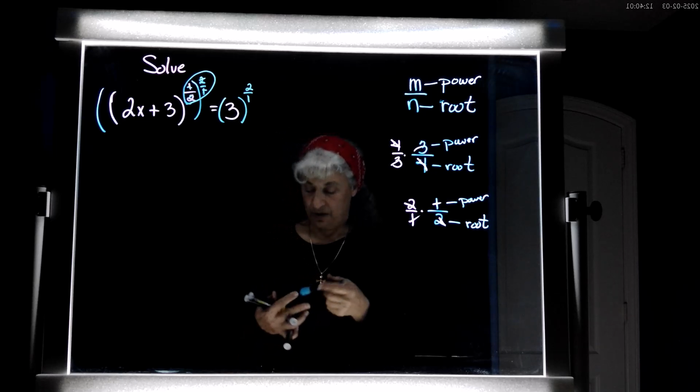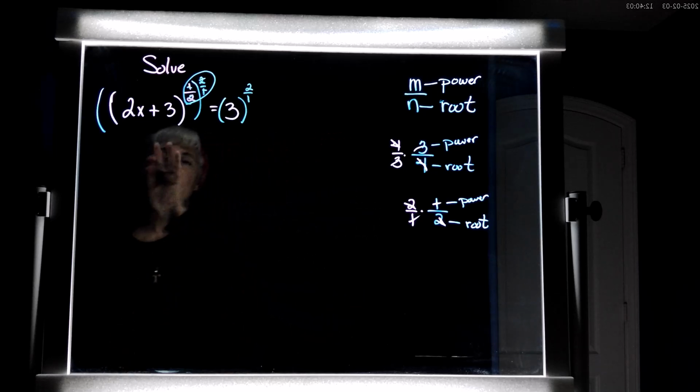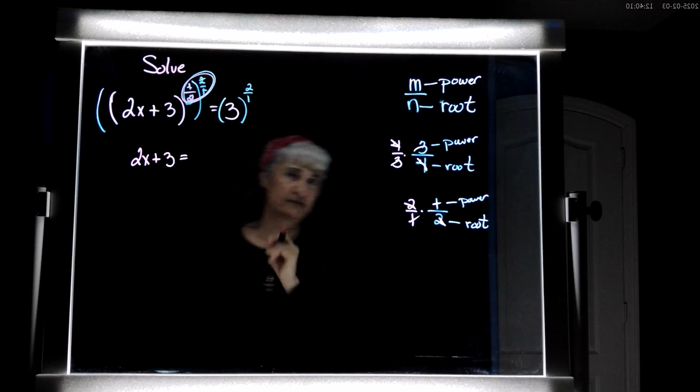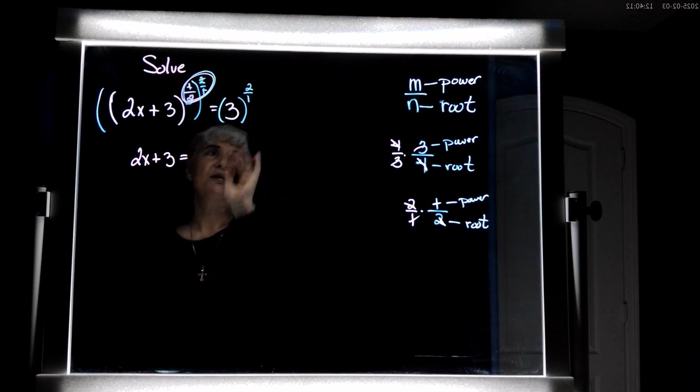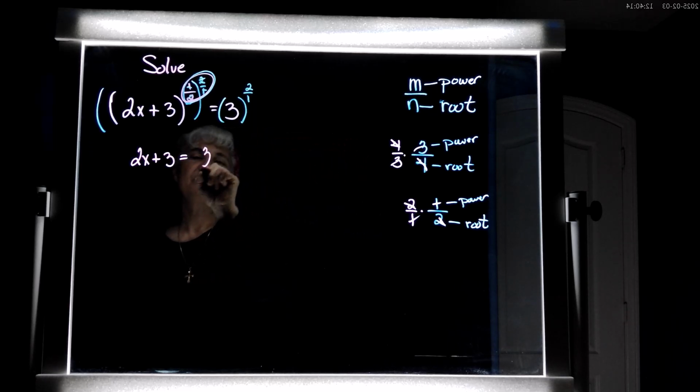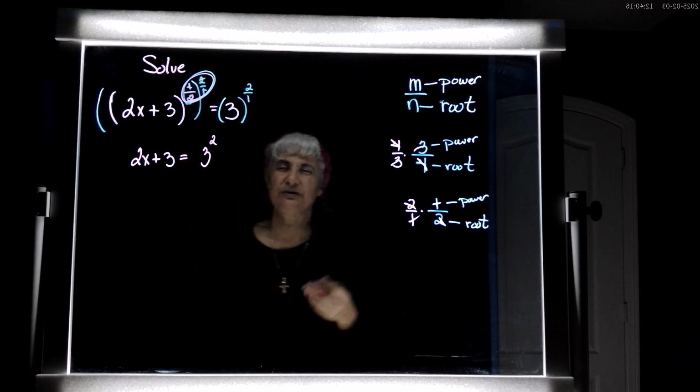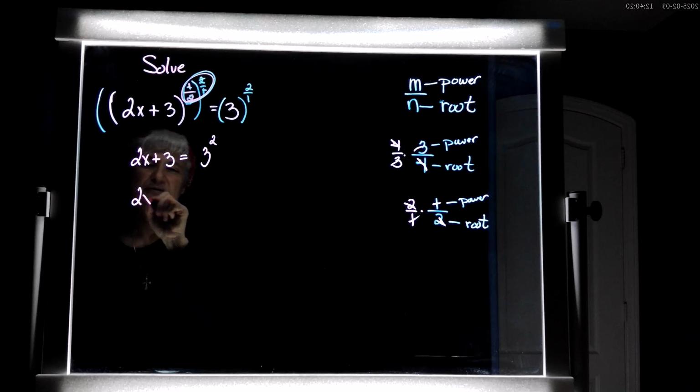Cool? Okay. So over here on the left, you just have 2x plus 3, because this is now a 1. I don't have to deal with it anymore. This side is basically 3 to the power of 2, because 2/1 is 2, right? And what's 3 to the power of 2? Yeah, that's a 9.